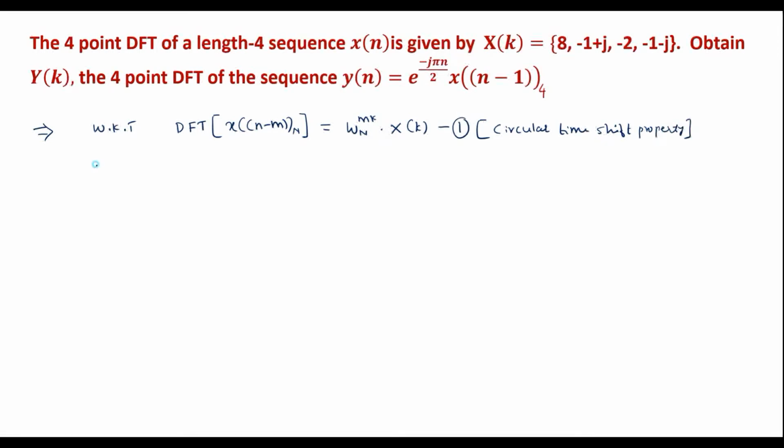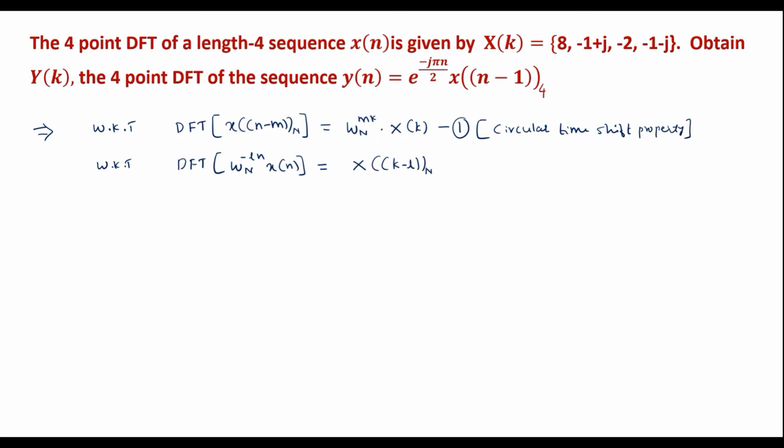We also know another property of DFT, that is, the DFT of W_N power ln x of n is given by X of k minus l, modulo N. This is the circular shift.